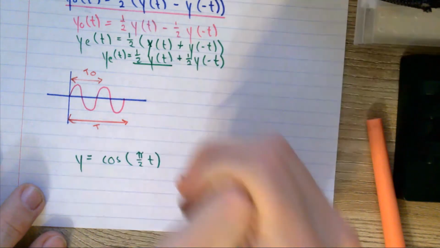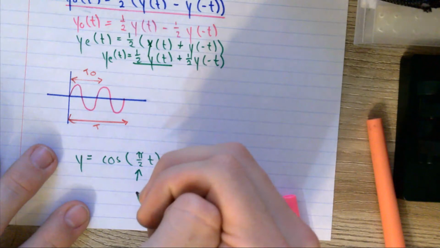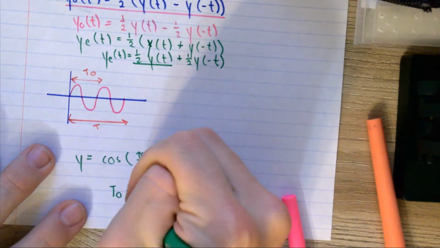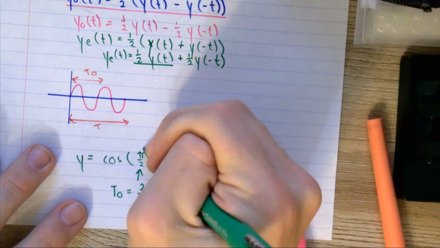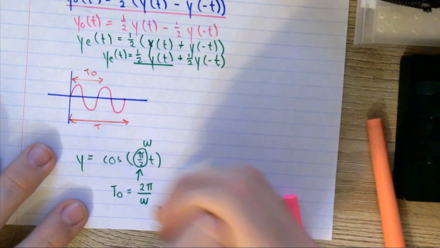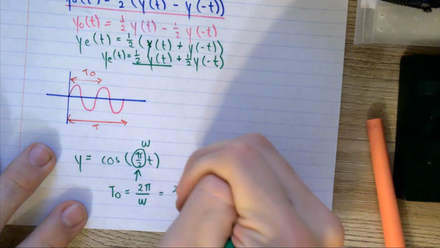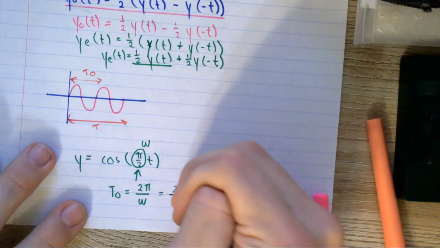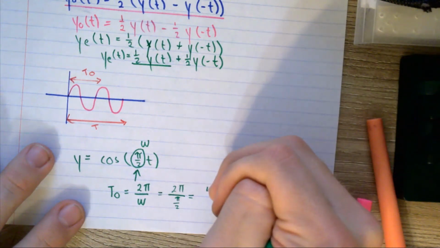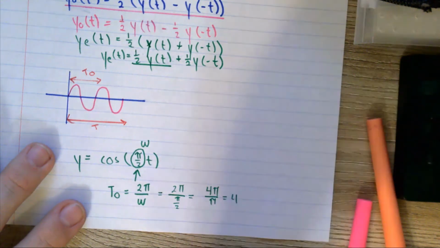This should be your big factor, where in order to find the period, you use the equation 2 pi divided by w, the angular frequency. So this would actually be 2 pi divided by pi over 2. And that's going to give you 4 pi all over pi, which equals 4. And so that's what you get as a result.